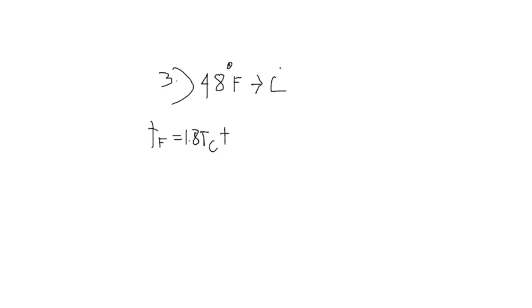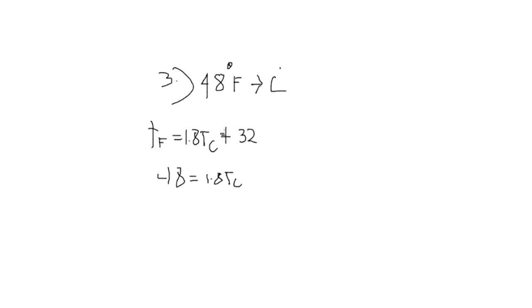Temperature in Fahrenheit is equal to 1.8 times temperature in Celsius plus... 273. I mean, why do I keep forgetting that number? It's 32. So let's just plug in the temperature in Fahrenheit.